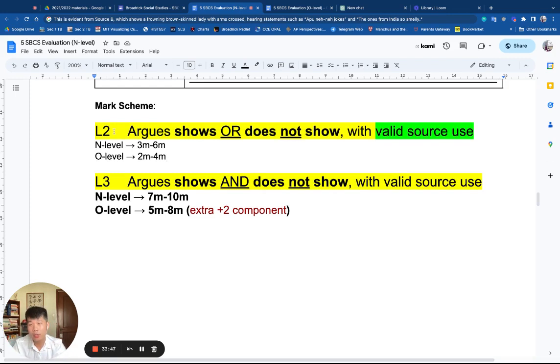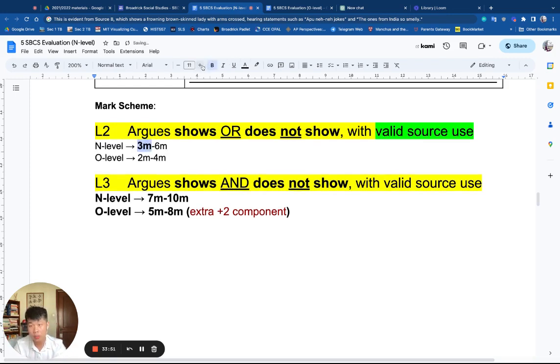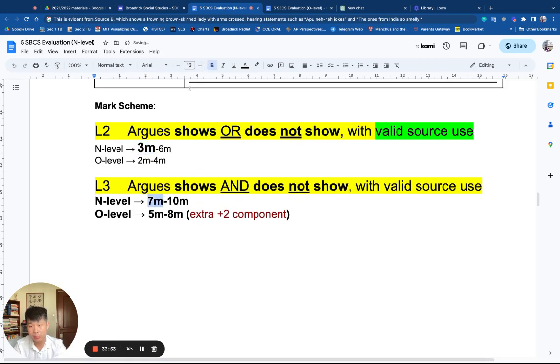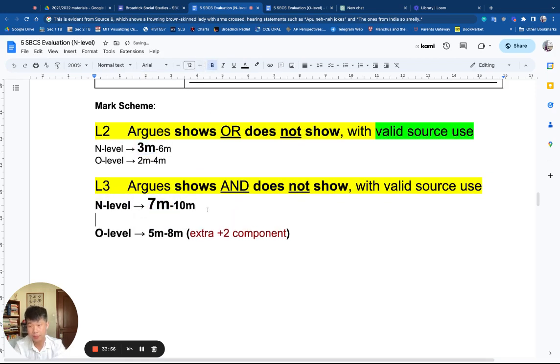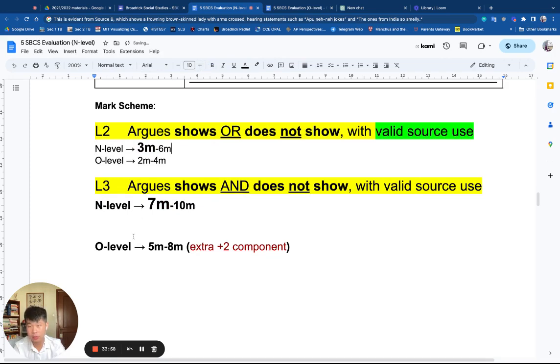Second, what happens between L2 and L3? Let's talk about N level. How come it jumps from 3 to 7? So what is a 3 and what's a 7?